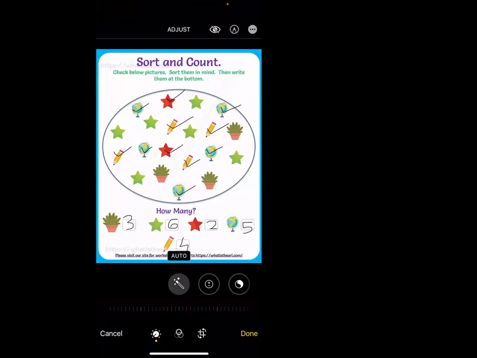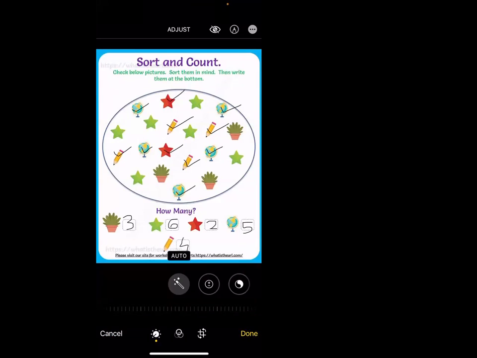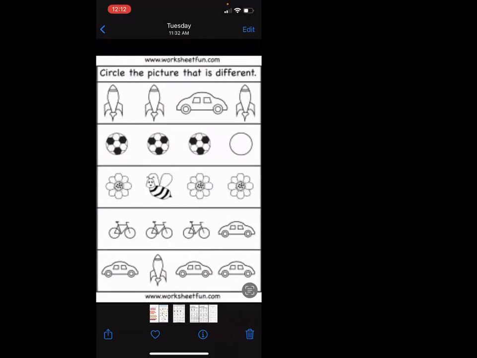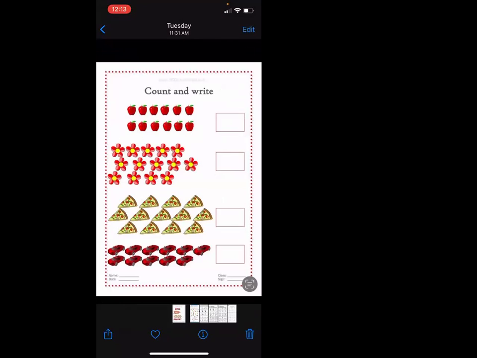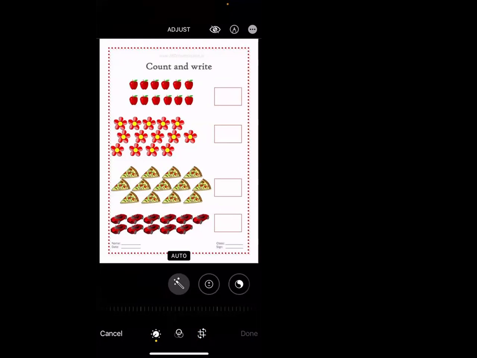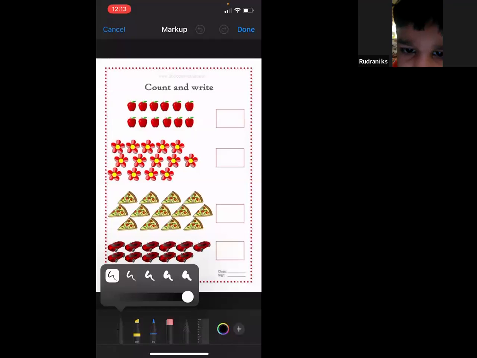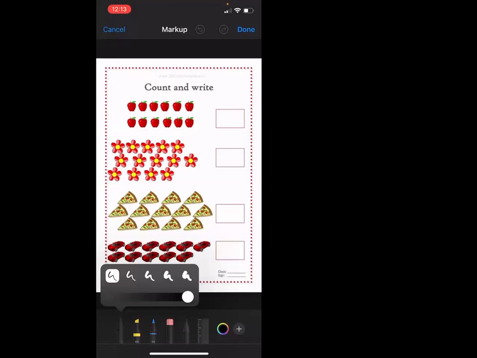Now we will try another one. Just wait. Now this is another one. Count and write. What do you have to do? You have to count. Strawberry, apple. How many apples are there?